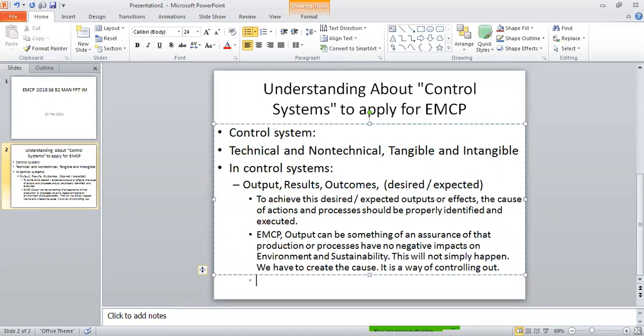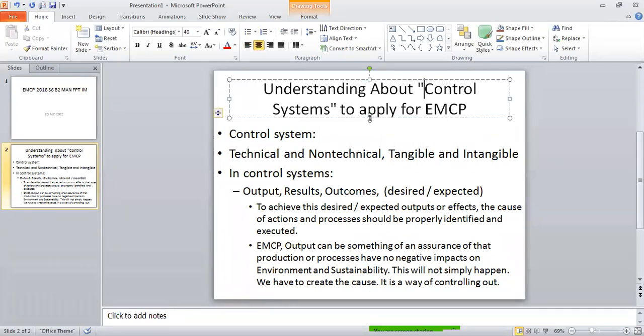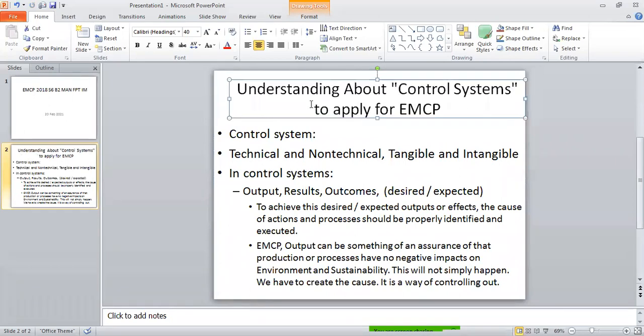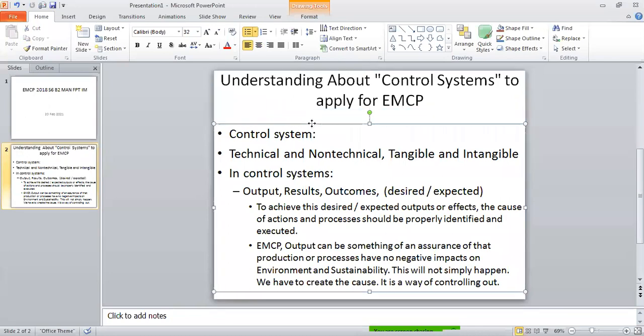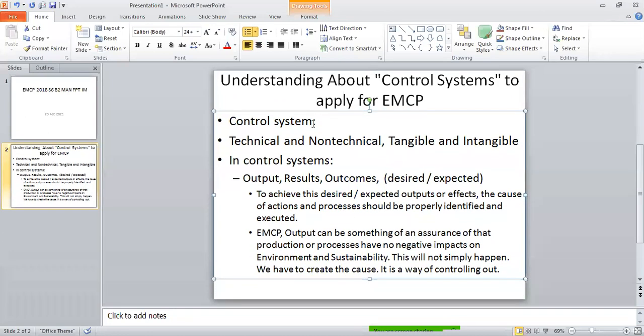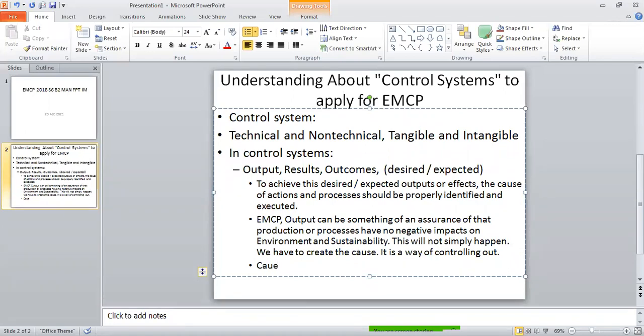Actually, we would say there is no magic, but this cause and effect principle is really magical. Because if you create the right cause for the expected outcome, the outcome is almost immediate. That's why the cause and effect principle is really magical.